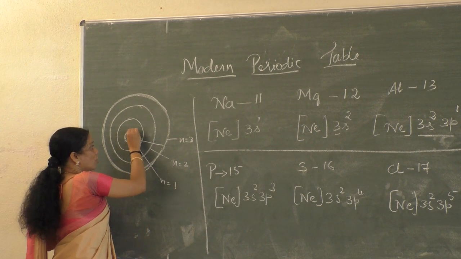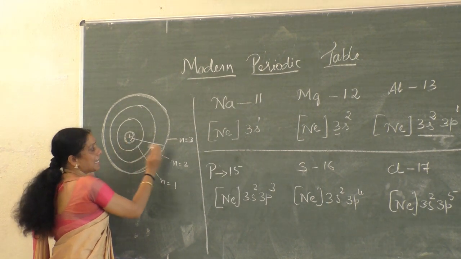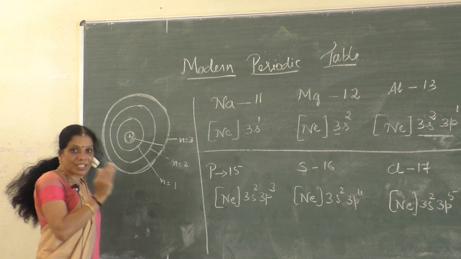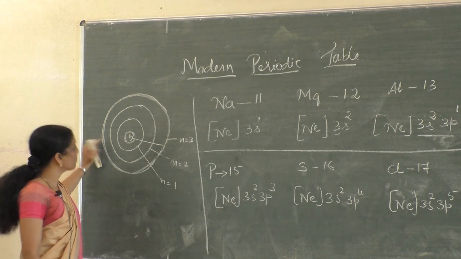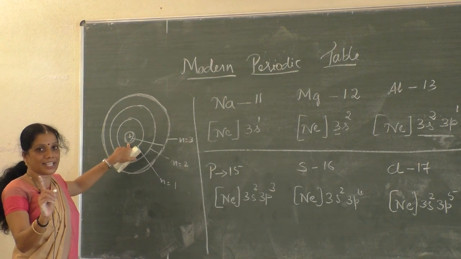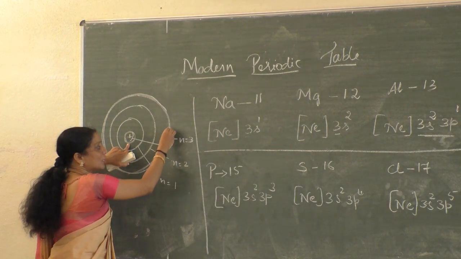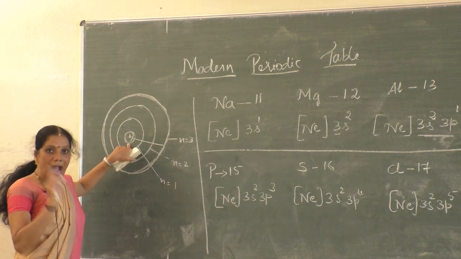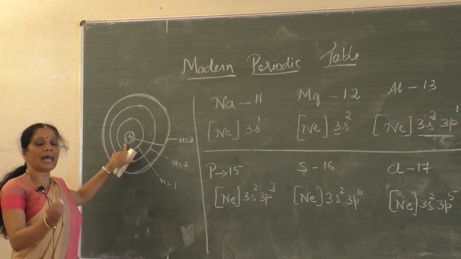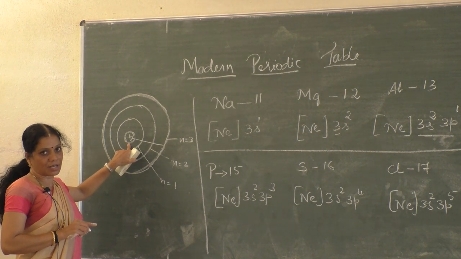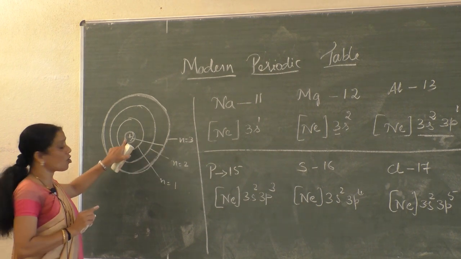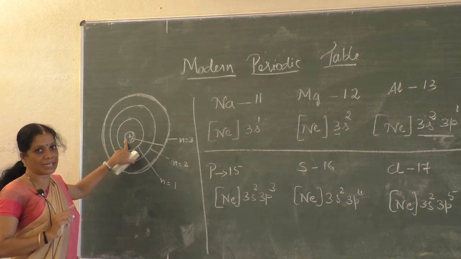Since the nuclear force of attraction increases, the electrons present in the third main energy level come closer to the nucleus. Understood? As the number of protons in the nucleus increases, distance doesn't change, isn't it? Because the electrons enter into the third main energy level itself. The nuclear force of attraction is nothing but attraction due to the positive charges. We know that electrons are always negatively charged particles, protons are always positively charged particles.